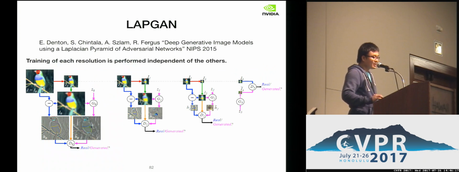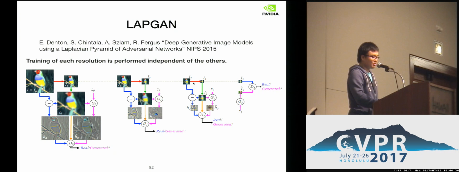To train the Laplacian GAN, you can train each resolution separately. For small resolution, you synthesize an image and have a discriminator differentiate the synthesized one from the real one.